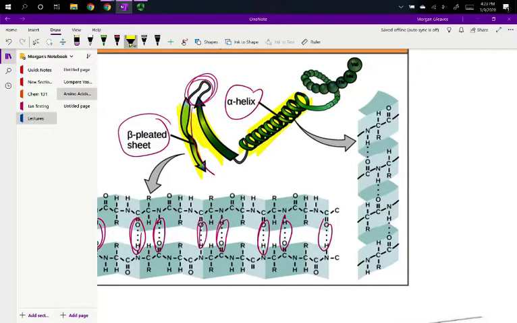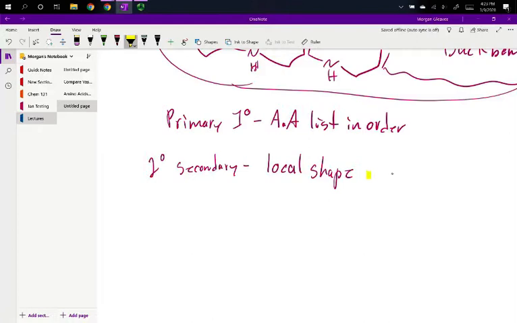Secondary structure is just locally what is happening in the chain. Is it curling? Is it making a sheet? Is it doing a loop? That's the idea. So these are our two types of secondary. Let's go back. Local shape. Generally, those are going to be alpha helix or beta sheets.